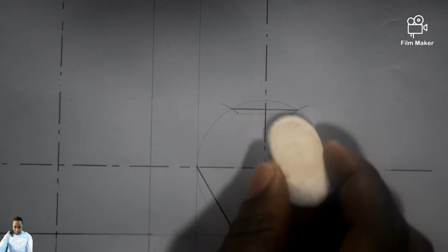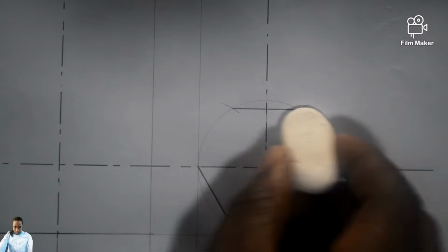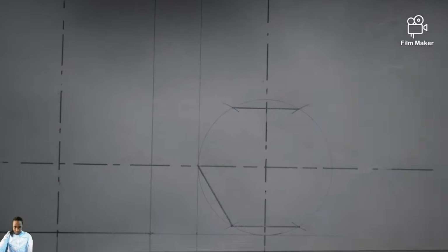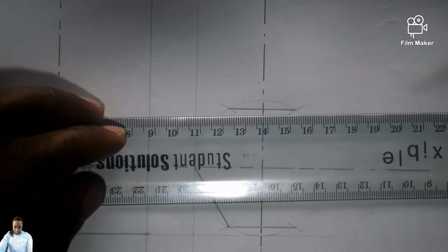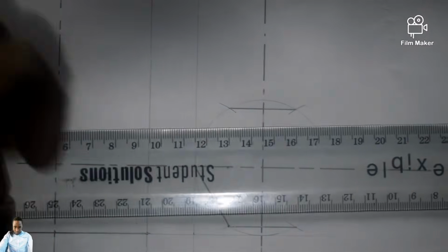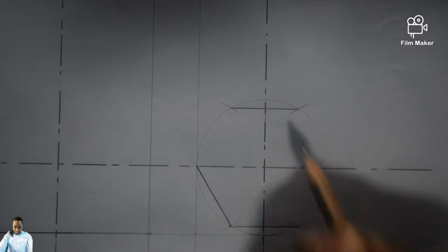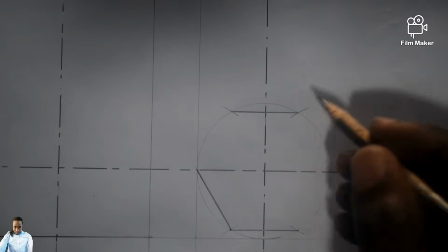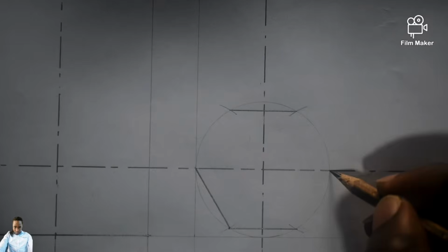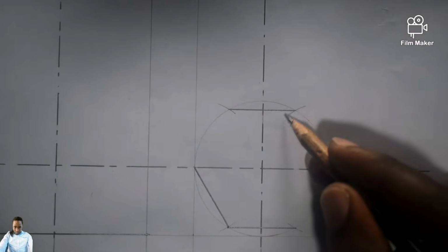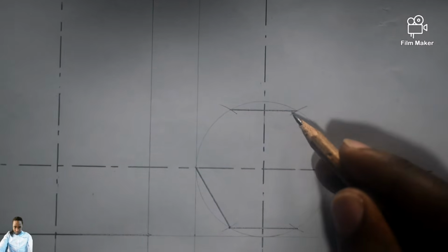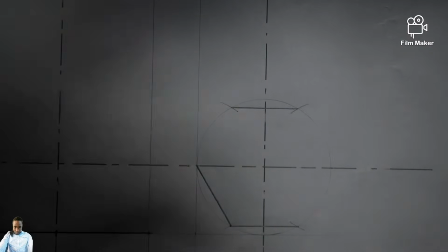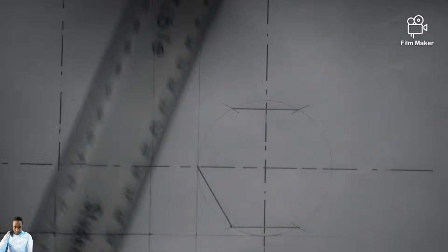It's on top of the circle. I'm talking from experience. I've seen so many people just do it like this. So it's actually incorrect. The exact points are on top of the circle. When you place your compass here, you open it to the center, you strike an arc. When I'm saying strike an arc, you strike an arc on top of the circle. You understand? That's when you'll be getting the point.